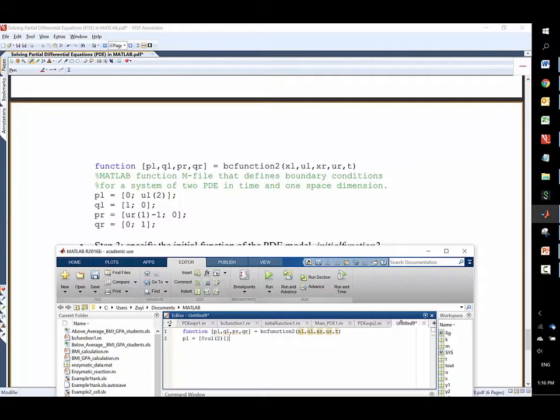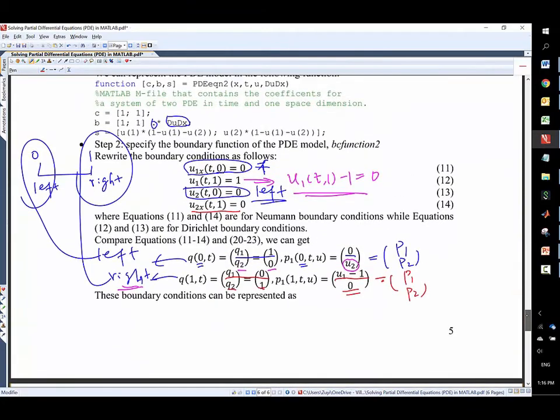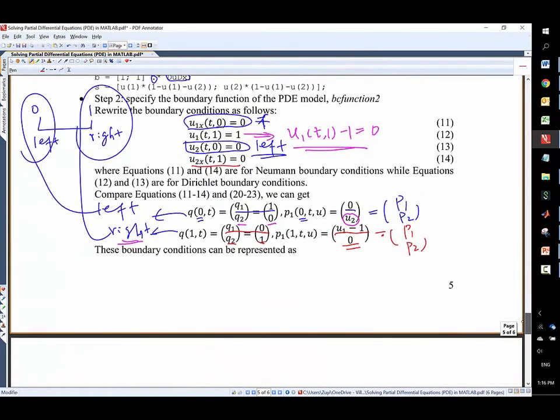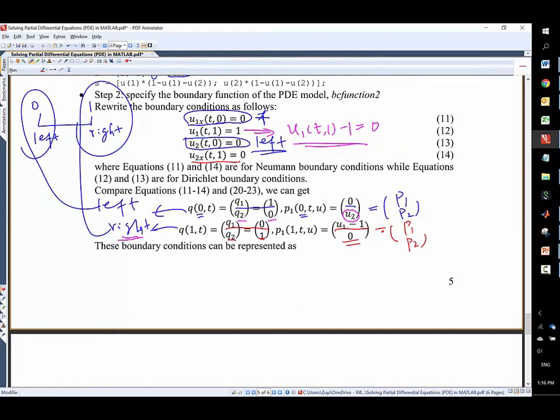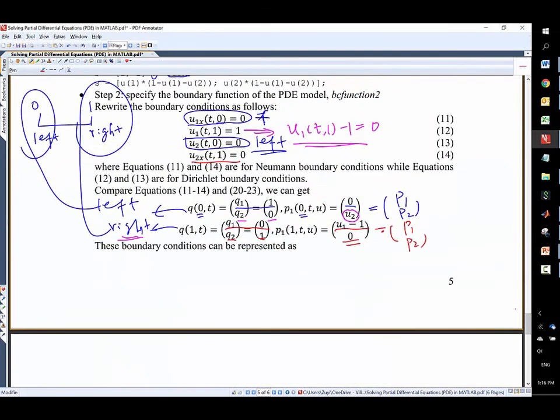UL means what? So let's take a look. UL means left, and 2 means it's variable 2 here, right?